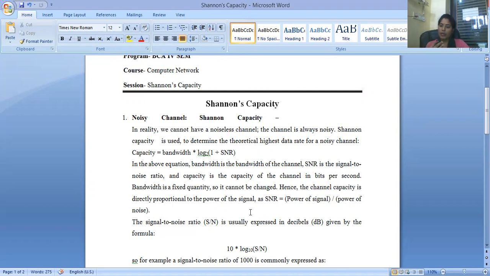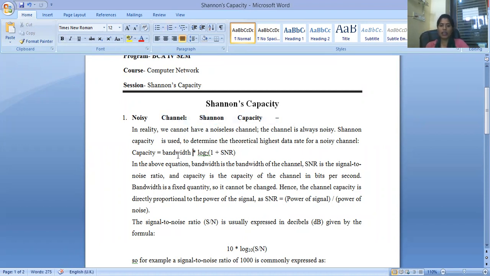So we require a medium through which we can perform these activities and this task. The channels which cause distortions or create some unwanted signals during the transmission are known as noisy channels. Clear? So the noisy channel is the Shannon's capacity.